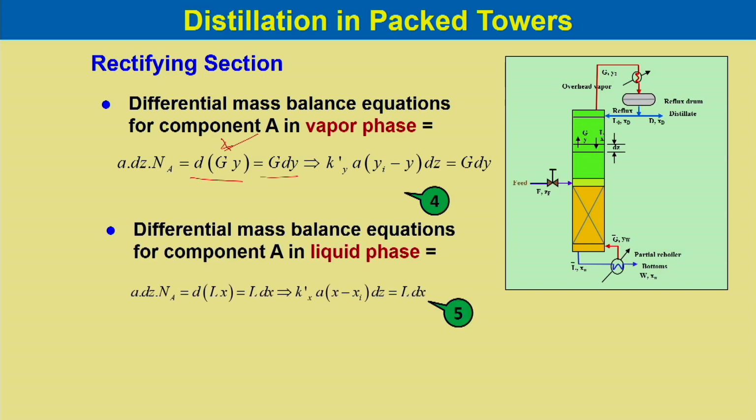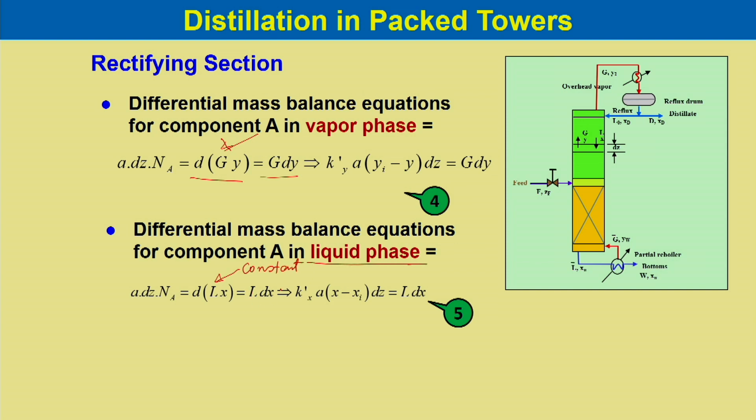Now, the differential mass balance equation for component A in the liquid phase, we can write a dz into NA is equal to d(Lx), which is equal to L into dx. Similar assumptions, we have taken the equimolar overflow or constant molar overflow for gas and liquid. So, L is constant.